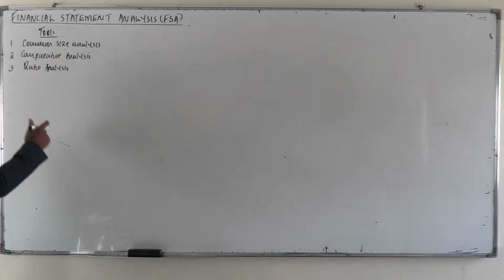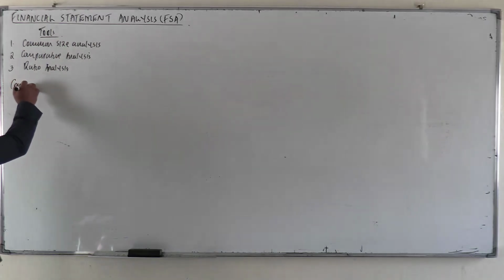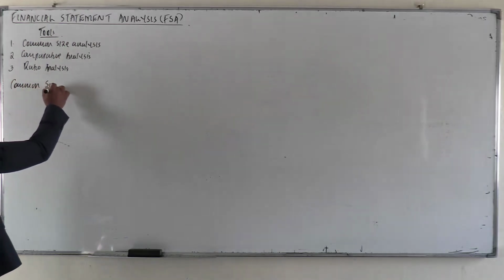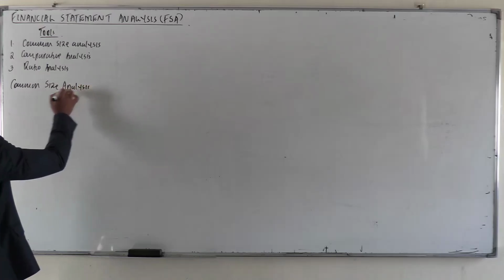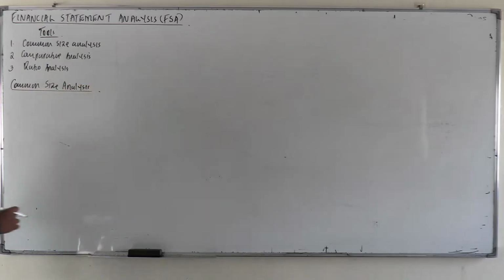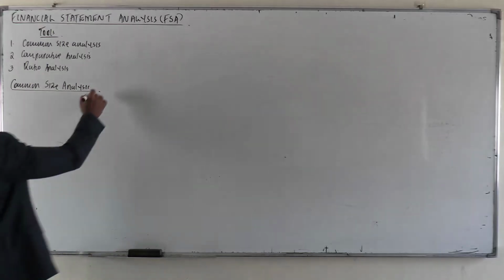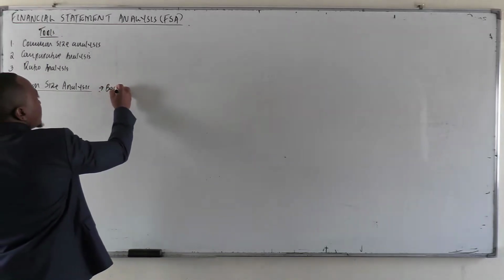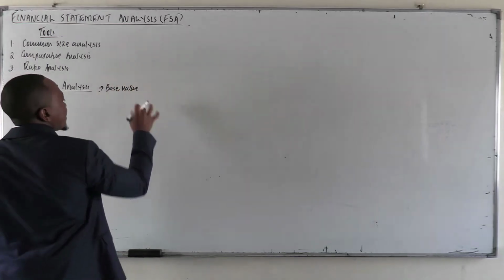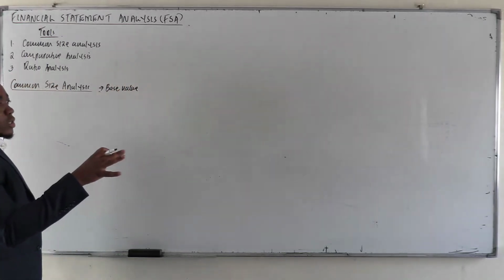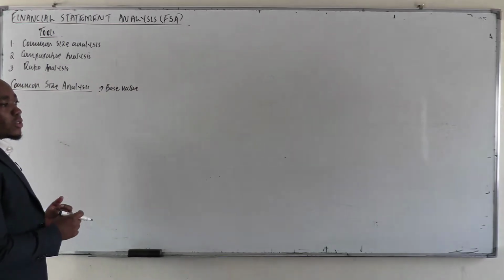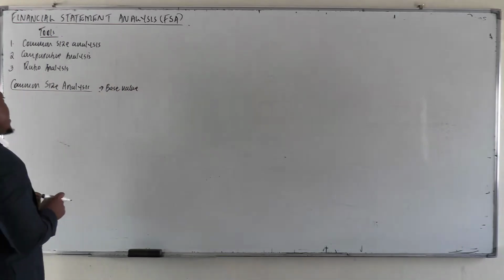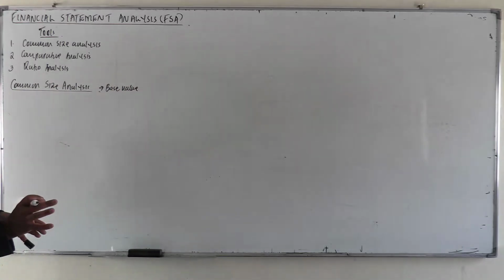Starting with the first one, the common size analysis. The common size analysis involves the identification of a base value, which will be used as a determinant of how the income statement and the statement of financial position items change. It's all about determining the base value.